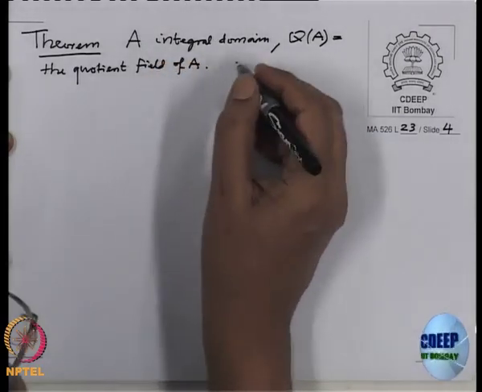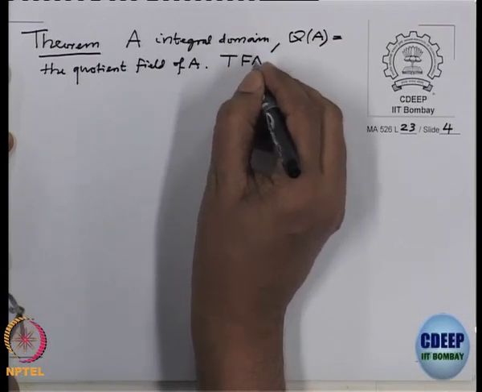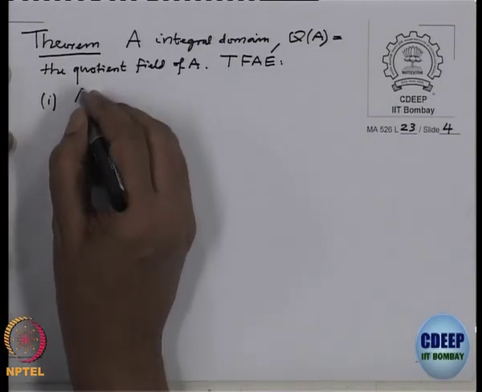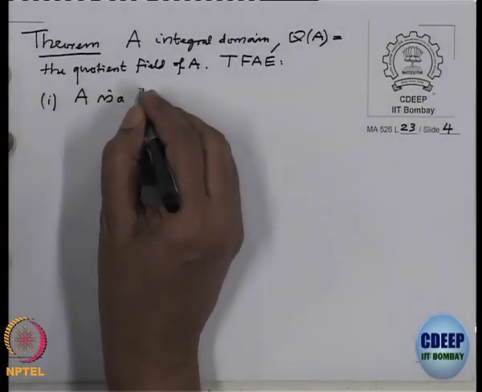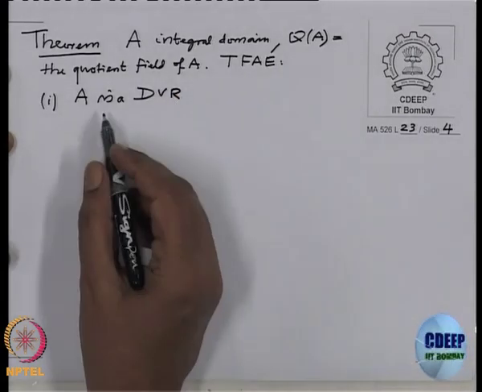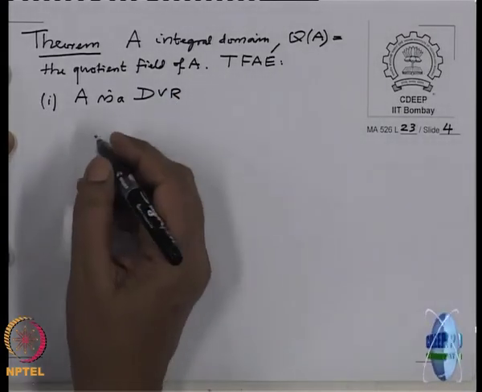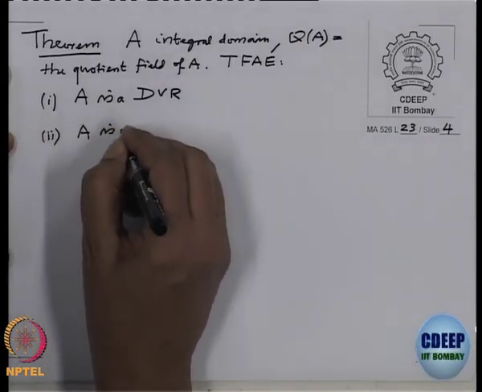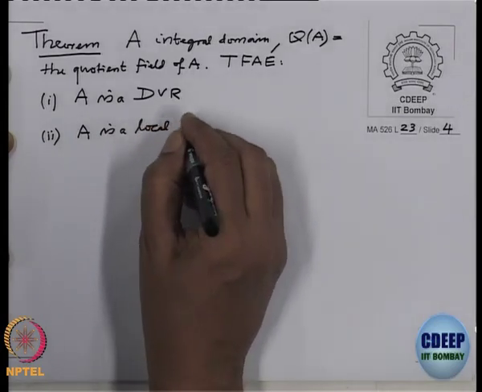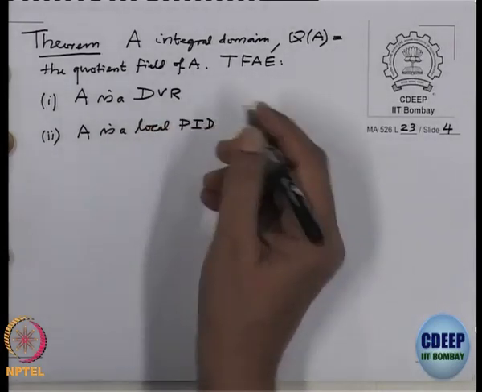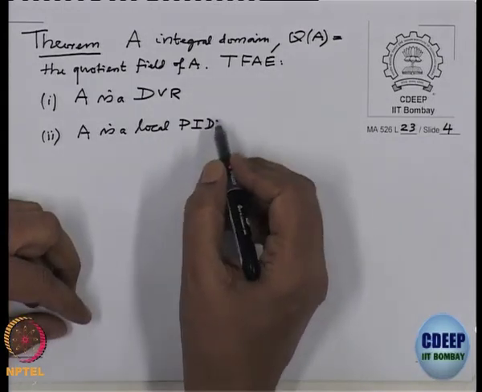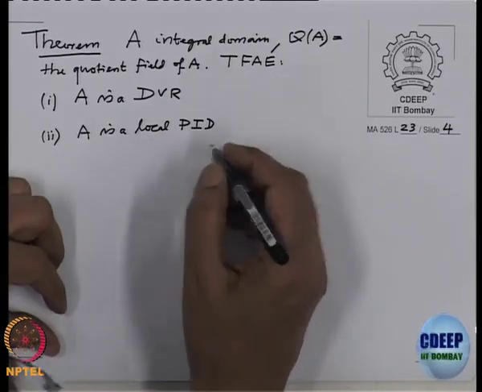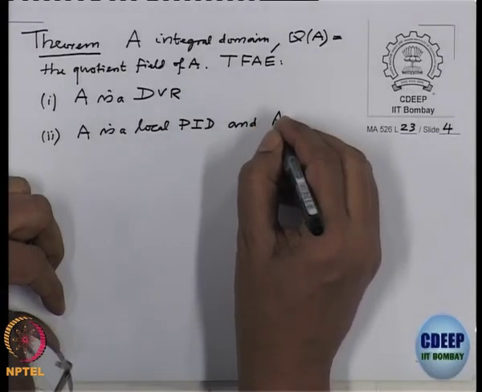Then the following are equivalent. One, A is a DVR. That means A is the valuation ring of some discrete valuation. Two, A is a local PID. PID means every ideal is principal, and local means there is only one maximal ideal, and of course one has to add A is not a field.